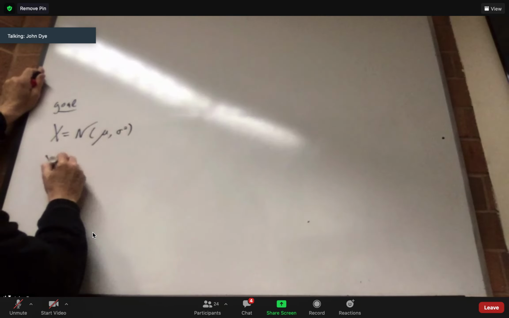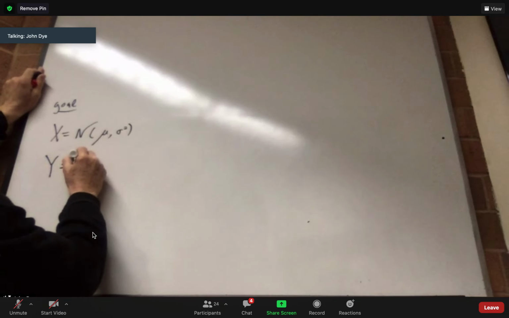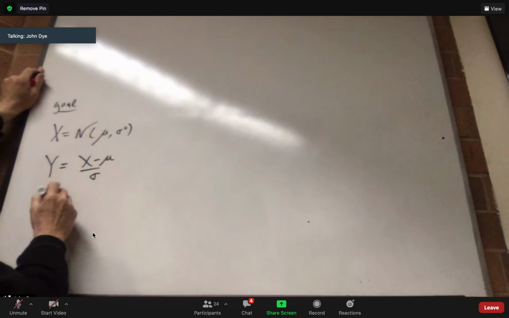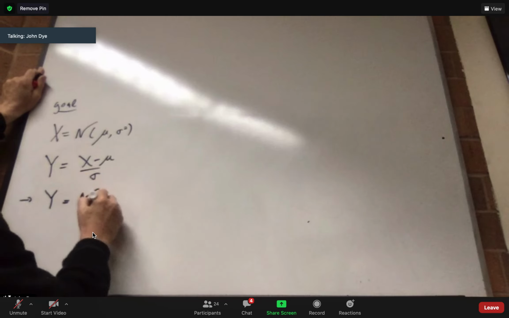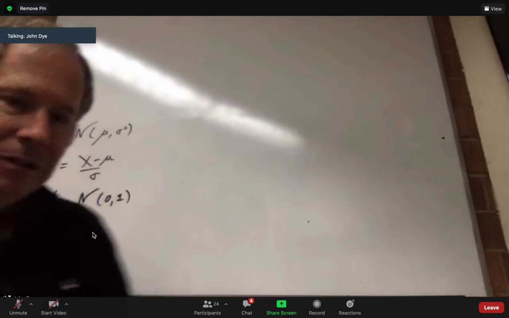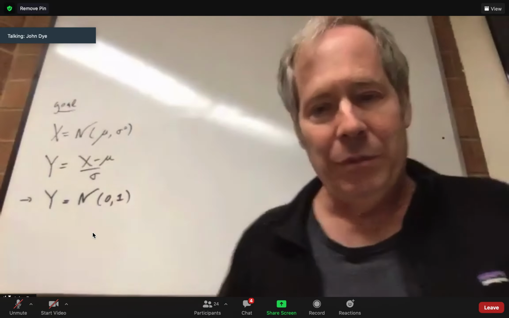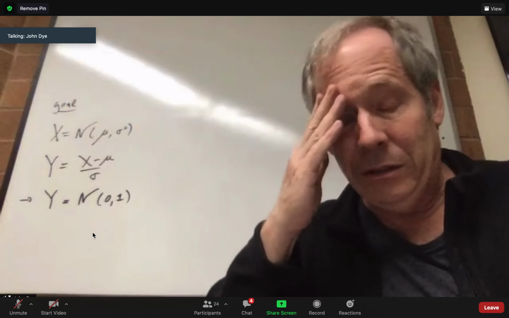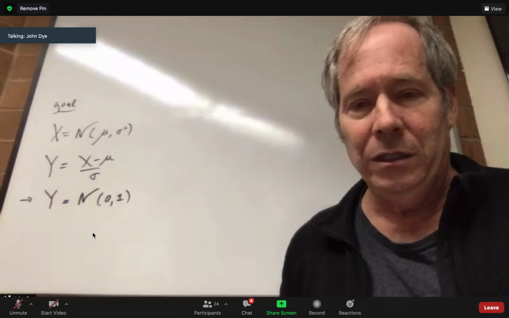If you have Y equals X minus mu over sigma, then Y is normal 0, 1. I don't think I did this before, because it's a little bit technical, since we're dealing with an ugly density function.